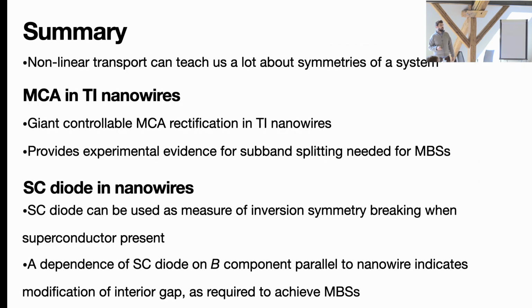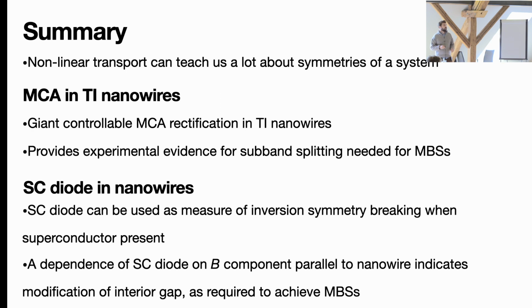Okay, so let me quickly summarize. The main thing I want you to take home is that you can tell a lot about symmetries in a system by measuring these non-reciprocal transport effects. For me, in recent years, the cool thing has been that we've been able to show that in TI nanowires, you have this spin-split band structure, which is required for the Majorana bound states.